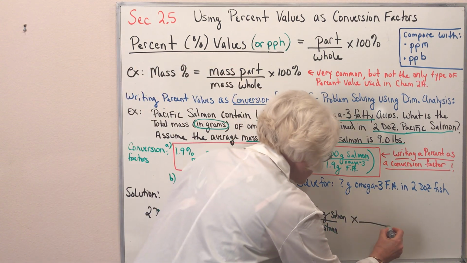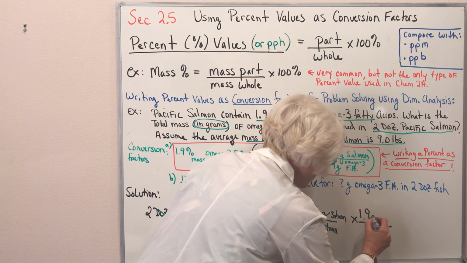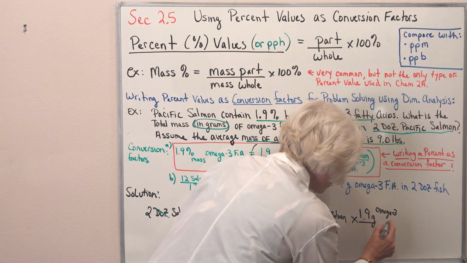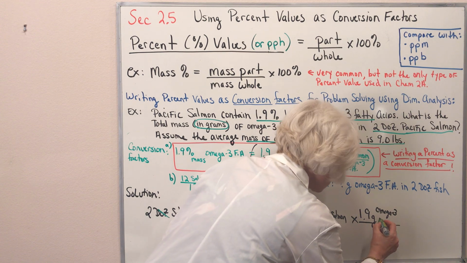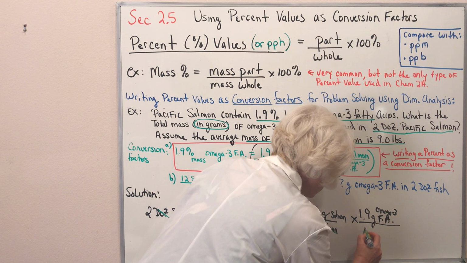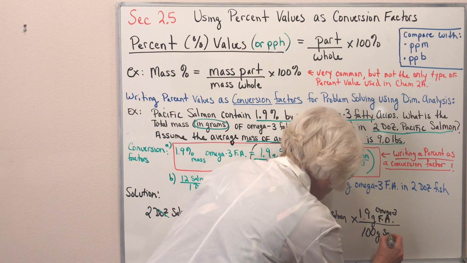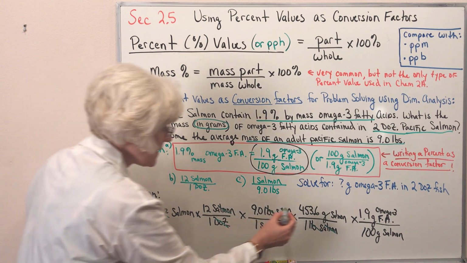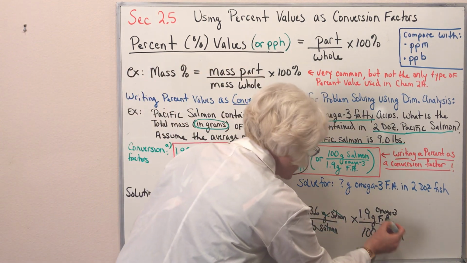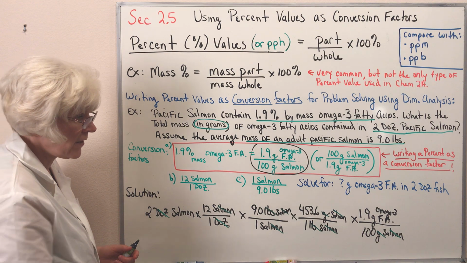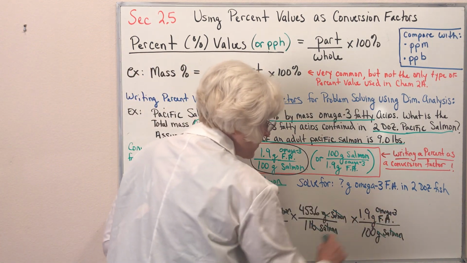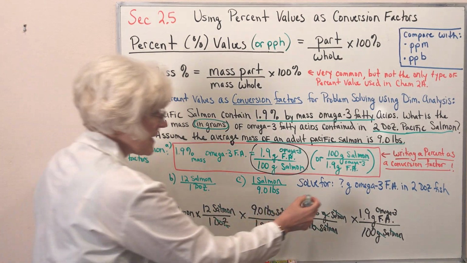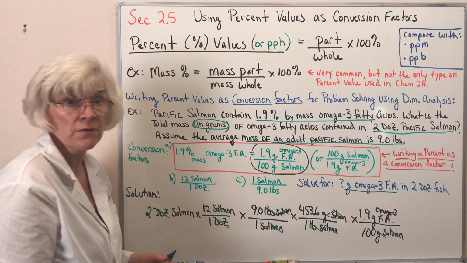And I will multiply 1.9 grams of omega-3 fatty acids to 100 grams of salmon. If I look at my setup, my grams of salmon have canceled, and bingo, I have grams of omega-3 fatty acids showing as my final unit, exactly what I am asked to solve for.